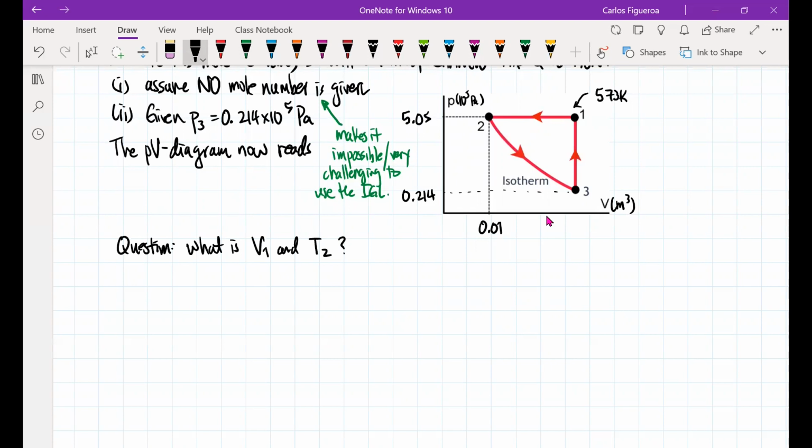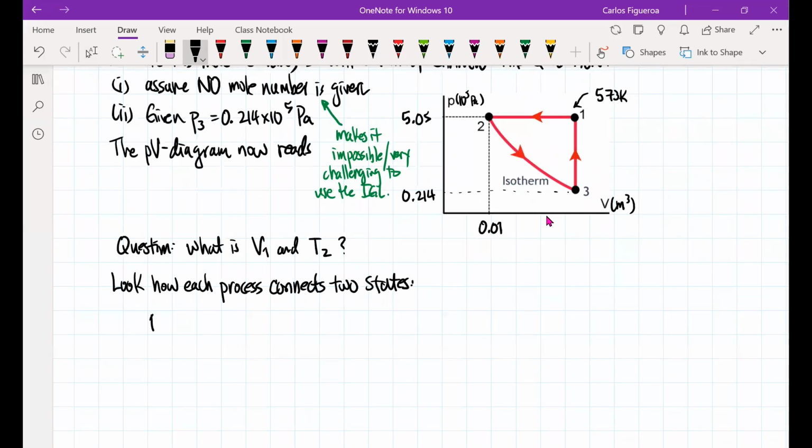So the way I start to do this here is that I start by looking at the PV diagram and look at how each state, look how each process connects two states.